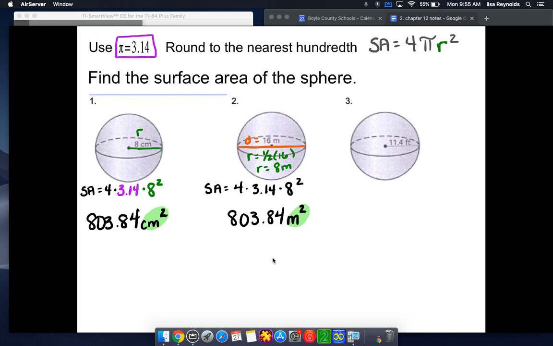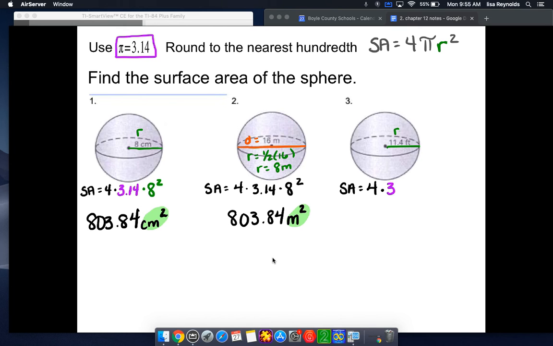In the third example, this 11.4 goes from the center to the surface of our sphere, so we have the radius. So when we go to calculate our surface area, our formula always has pi, or 4 times pi.